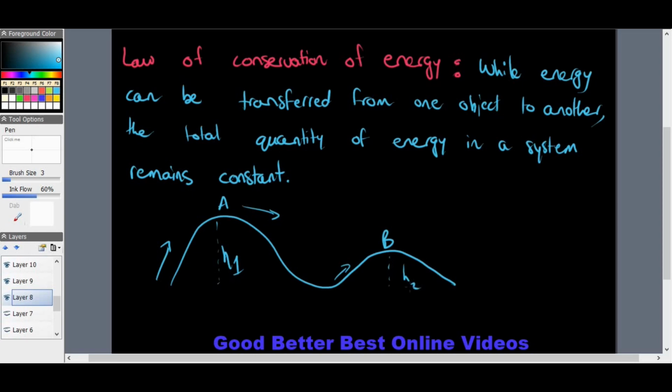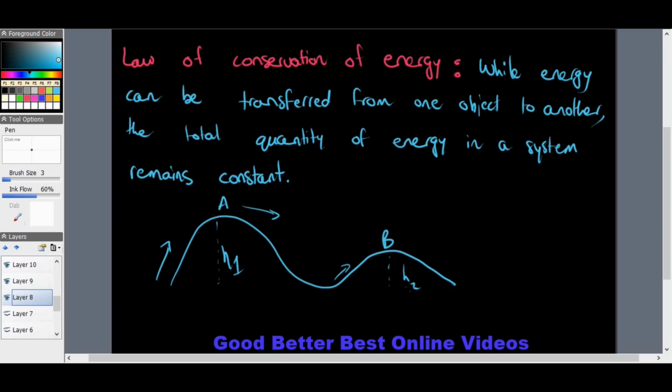Now if mechanical energy is conserved for an object that moves between 2 or more locations, for example just A and B, then the total mechanical energy of the object at A must also equal what it is at B. That is only if it is conserved, and we assume that it is.